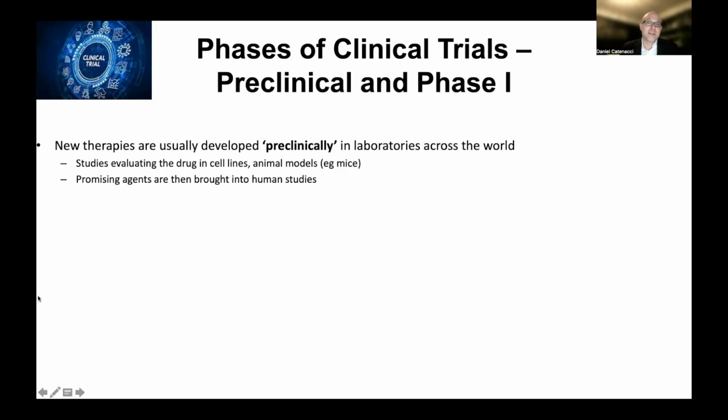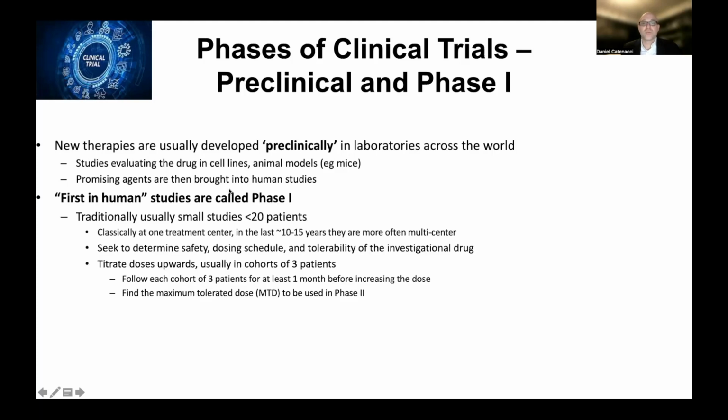These are often done in cancer cell lines that are obtained from patients and grown in the laboratory. They're also in animal models that can be used using cell lines to grow in the animal models, or in animal models that have initiated cancer in their cells and then treated. And then after several years of this analysis, the promising agents can then be brought forward into human studies.